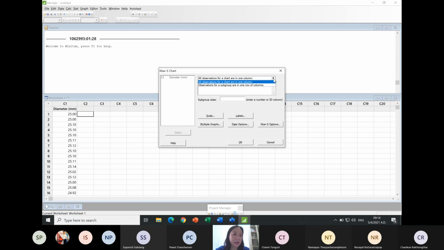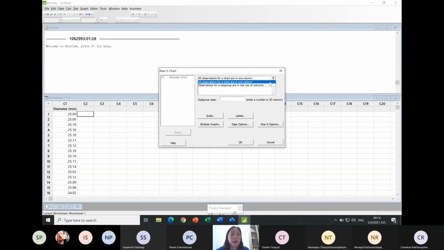Like in this case, if you see column C1, we put all the data into one column. The first 5 data points belong to subgroup 1, and 6 to 10 belong to subgroup number 2.